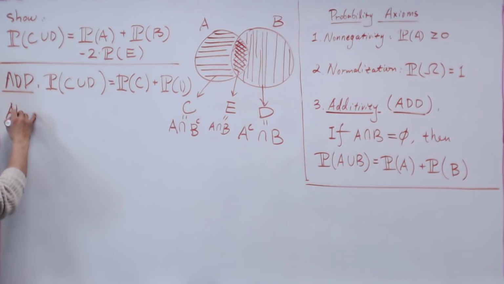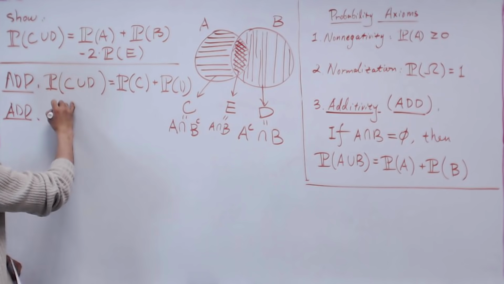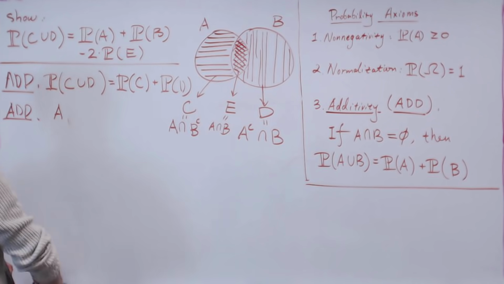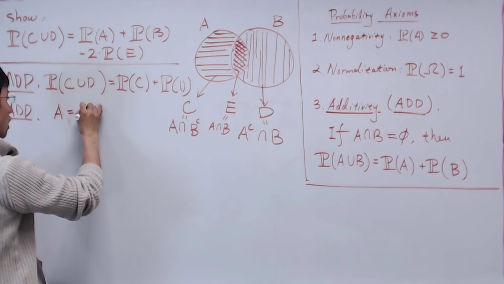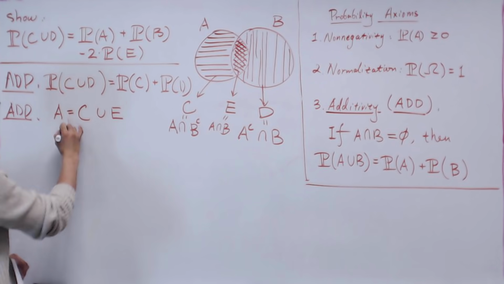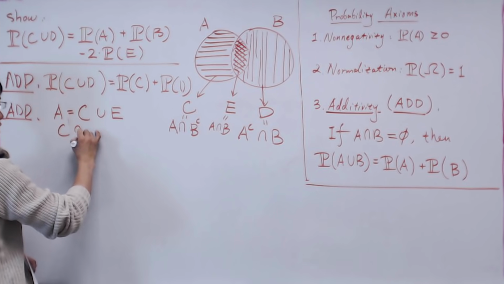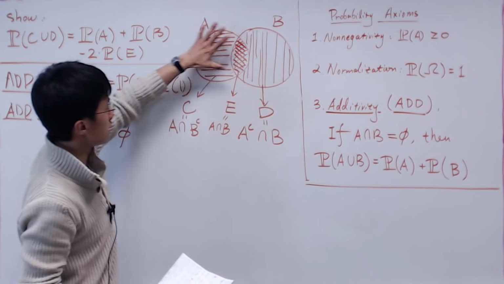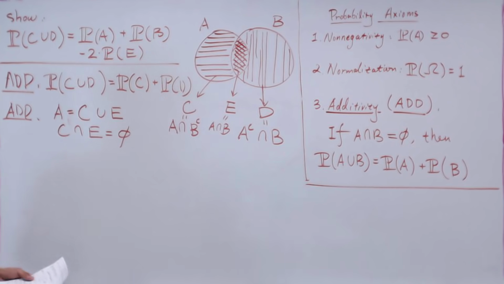And in a similar way, we'll also notice the following. We see that A is equal to the union of the set C and E. And also C and E are disjoint with each other, because C and E, by definition, don't share any points.